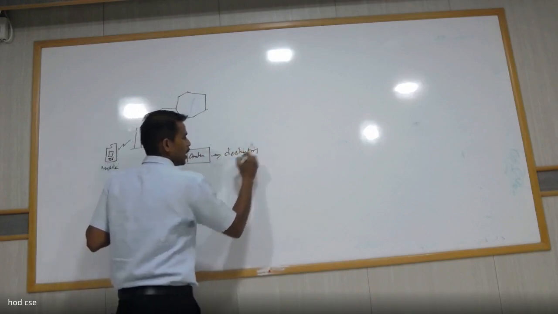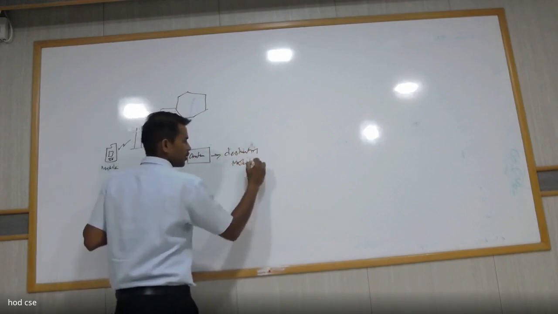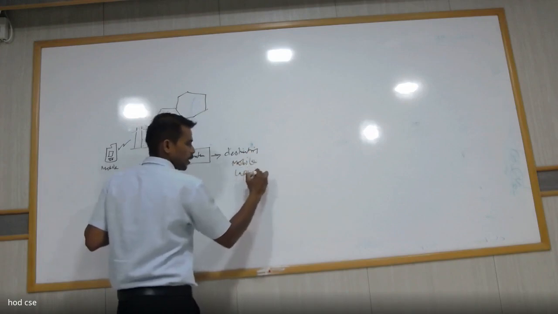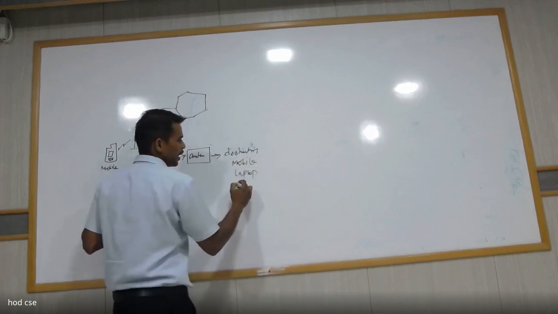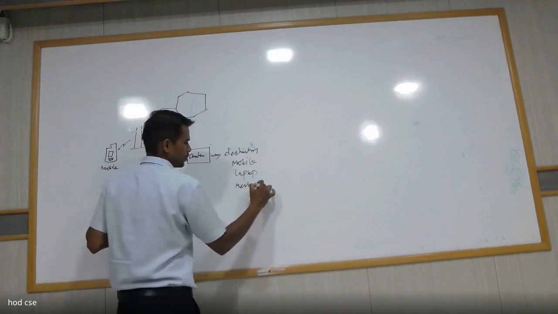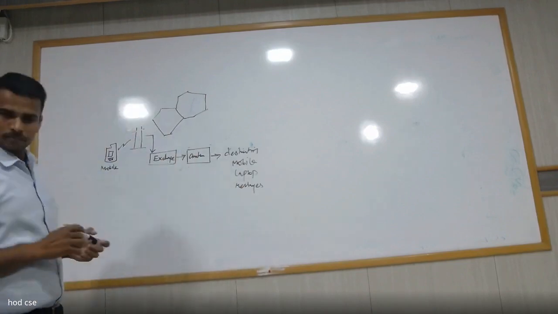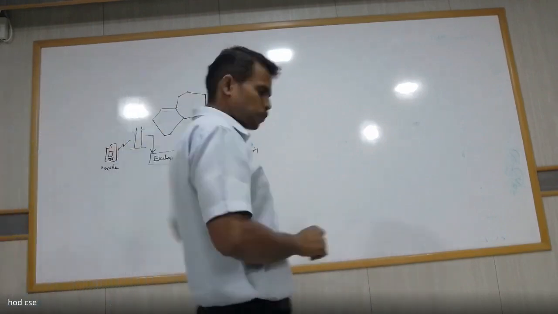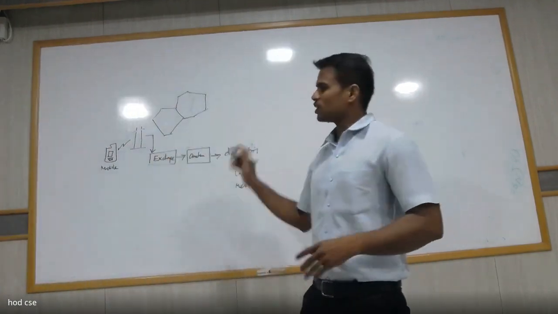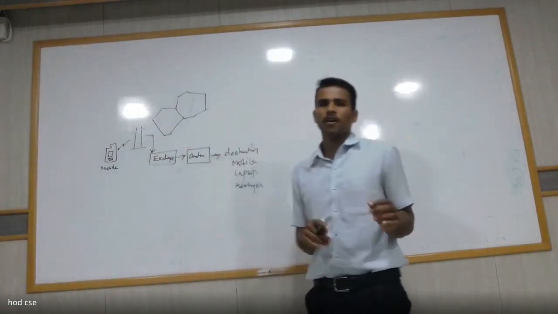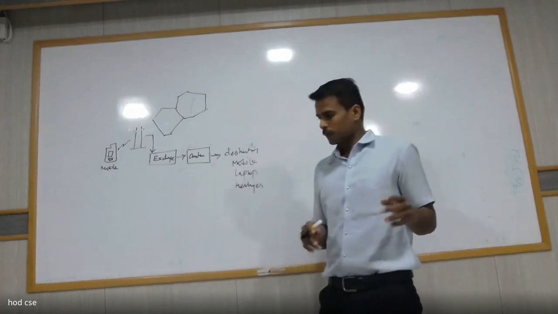It may be a mobile, it may be a laptop, or it may be a messenger kind of device, anything. So this is how signal transmission happens in mobile communication.